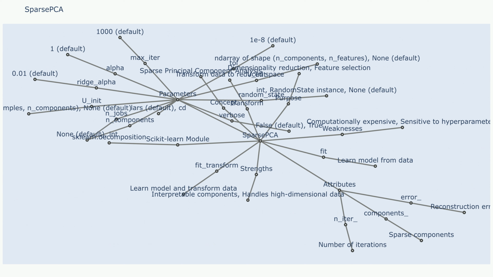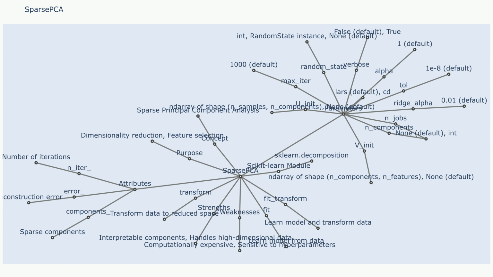Financial analysis. Sparse PCA can be used to identify the key factors that drive the performance of a portfolio. Limitations. While sparse PCA offers several advantages, it's important to be aware of its limitations. Computational complexity. Sparse PCA can be computationally expensive, especially for large datasets with many features.